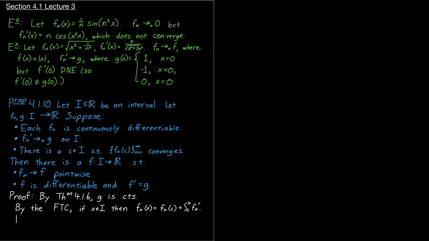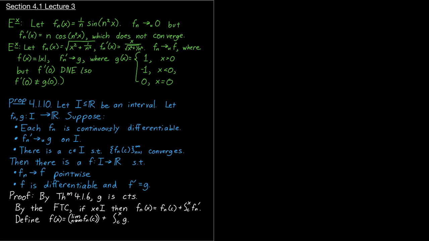So we're going to define little f of x as the limit as n goes to infinity of fn of c, which is just a number, that's not a function, and then we add to that the integral from c to x of g.